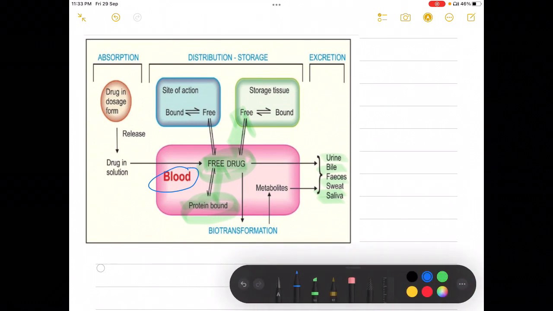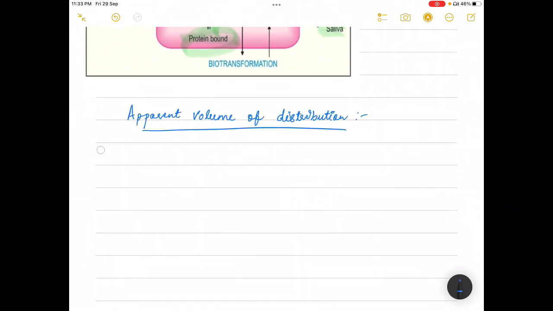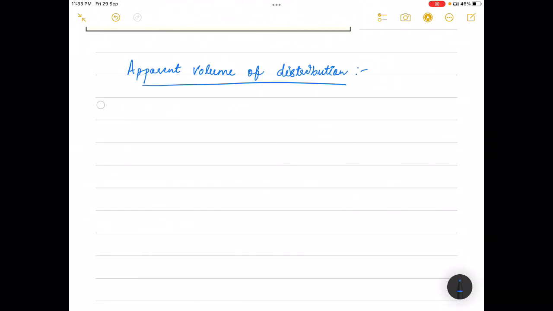So coming to an important concept, that is apparent volume of distribution. So what is this apparent volume of distribution?